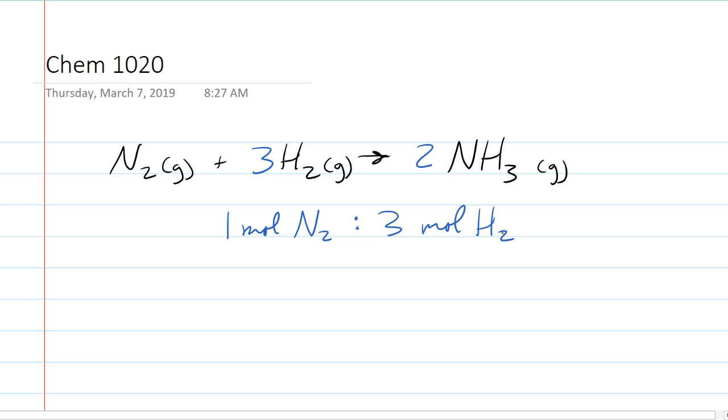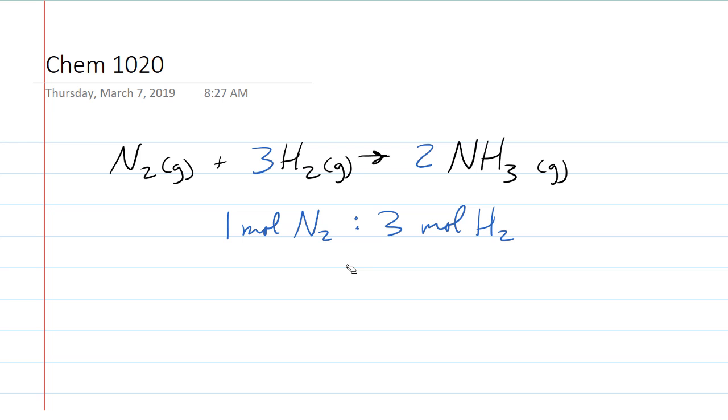Now, one of the ways we represent it is we might put a colon between here, so this tells us what the molar ratio is.